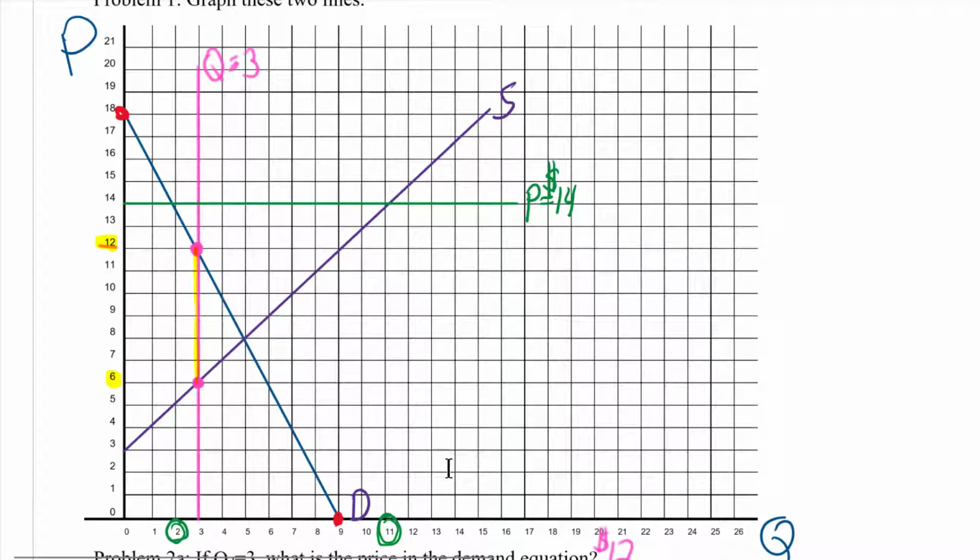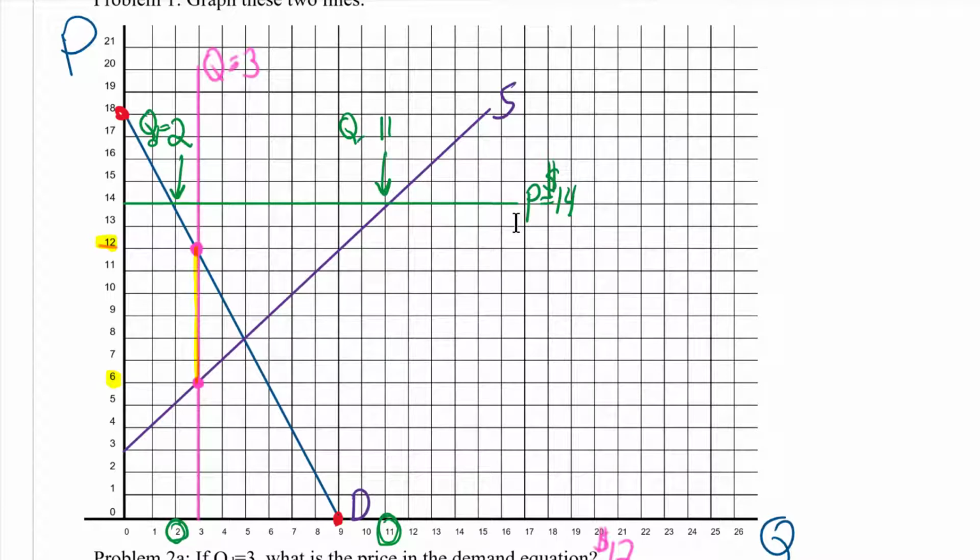So let's picture market day. The suppliers show up, the buyers show up. They put the price tag of $14 out, and the suppliers are trying to sell 11 units, and the buyers over here are only wanting to buy 2. So the quantity demanded is 2.